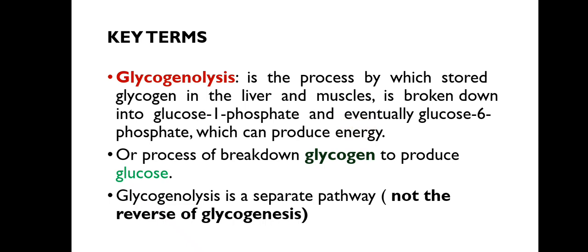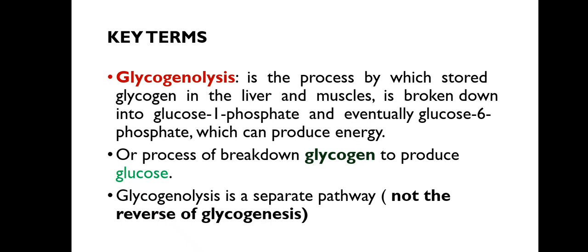It is a process which involves the breakdown of stored glycogen. Where? In the liver and in the muscles. Remember, when we were studying glycogen in glycogenesis, we said it can be stored in the liver and it can be stored where? In the muscles. So, those are the main organs. So now we start breaking it down back to glucose.